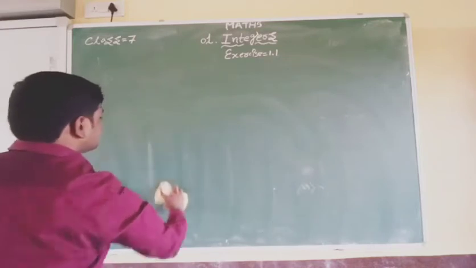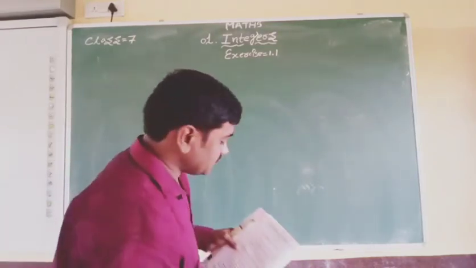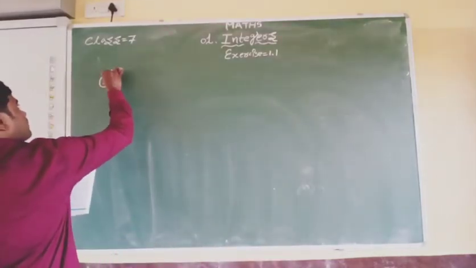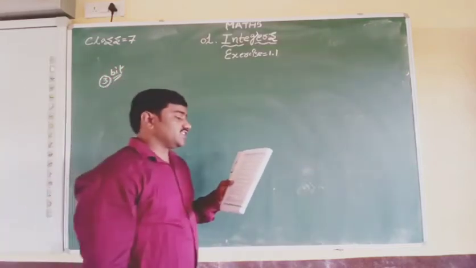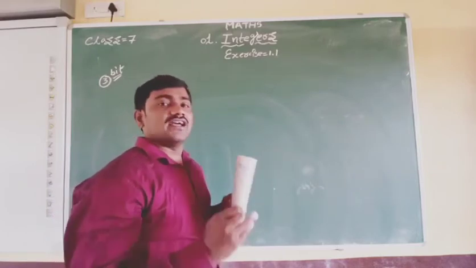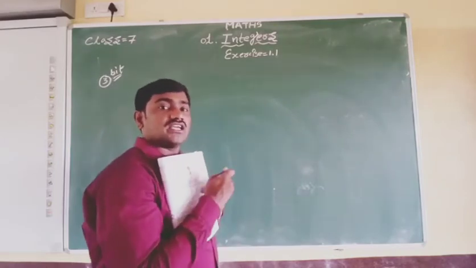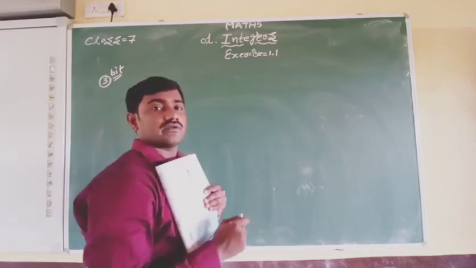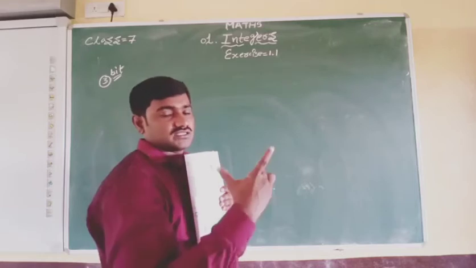Let's go for the third bit. Write the following integers in ascending order, that is, from the smallest number to the biggest number. If you arrange the given numbers from the smaller value to the bigger value, then such an order is known as ascending order.